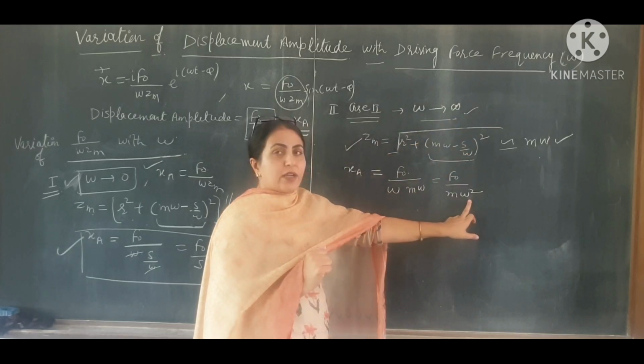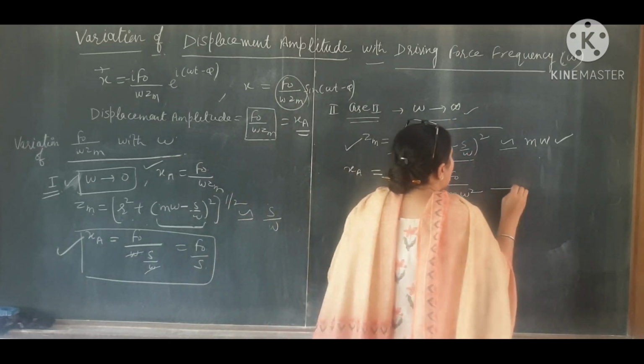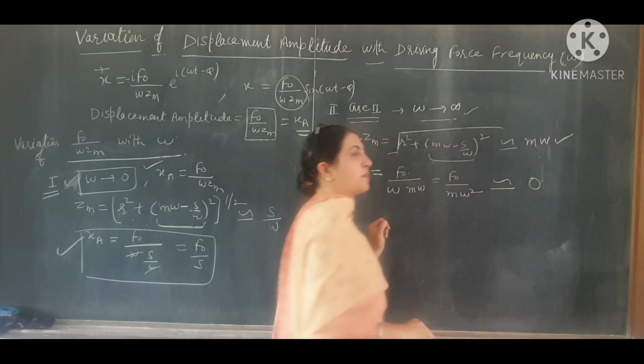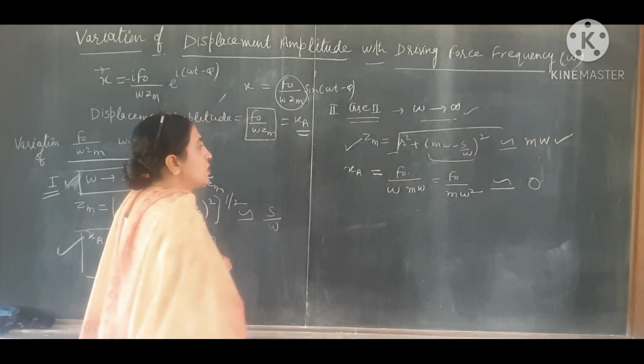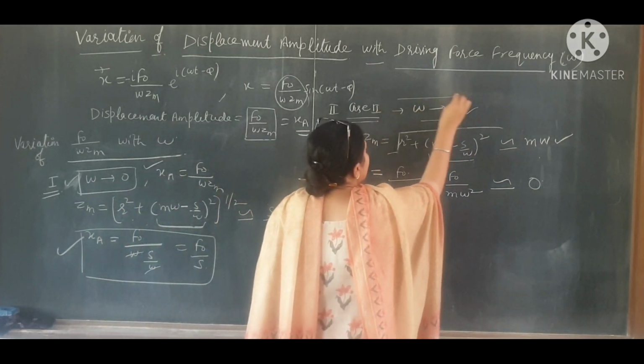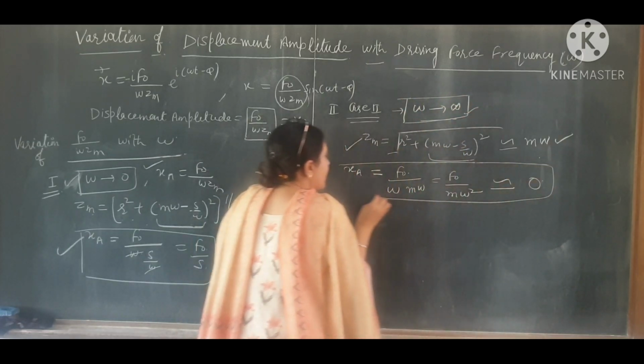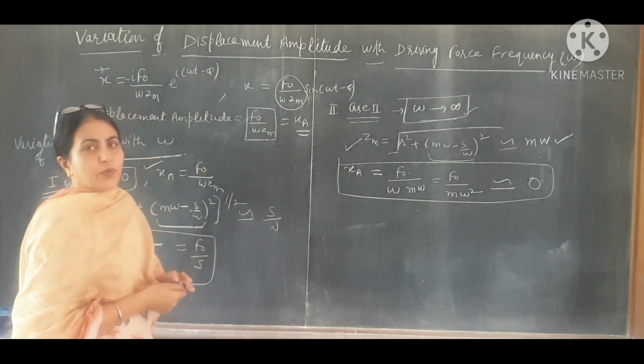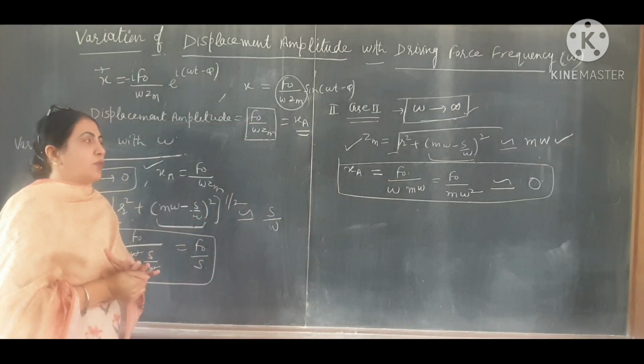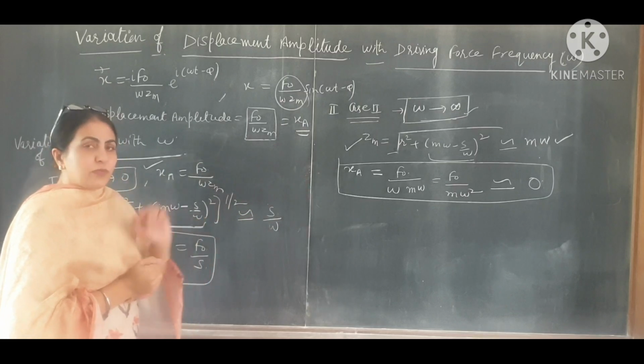So when you put infinity here, this is approximately equal to 0. So this is our second case when omega approaches infinity, you have xa approaches 0. So these are the two cases.